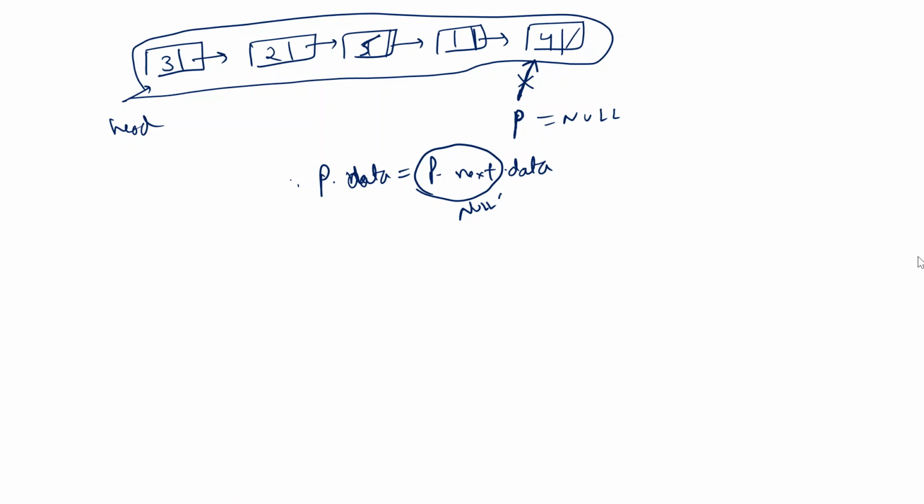So it turns out this is not possible. You cannot delete the last node of the linked list given a pointer just to the last node of the linked list. It's not possible. And yes, I think we are out of time.